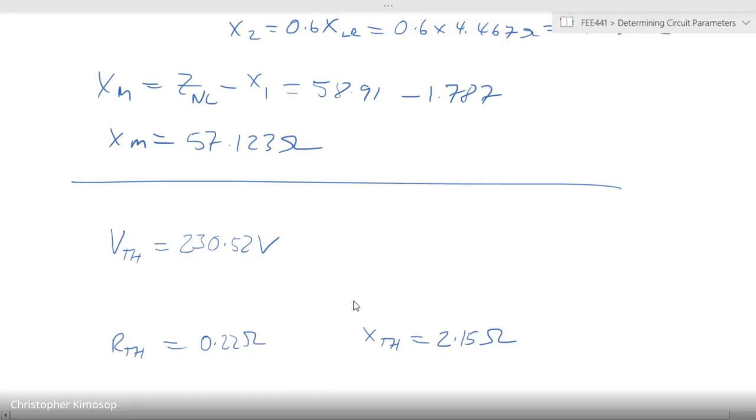So those are the values for Thevenin voltage and resistance and reactance.